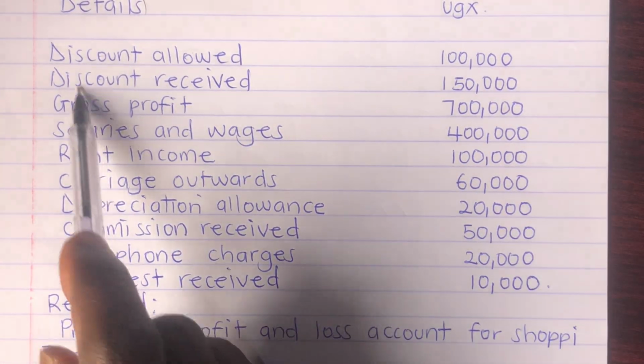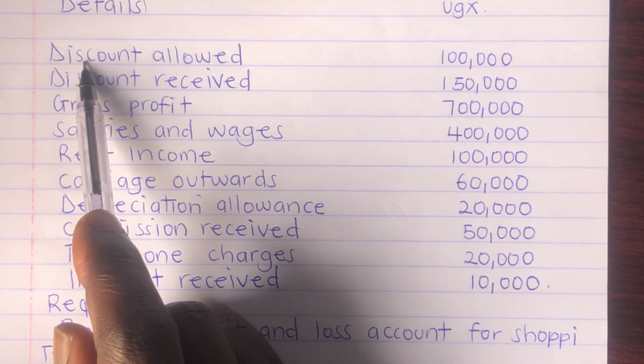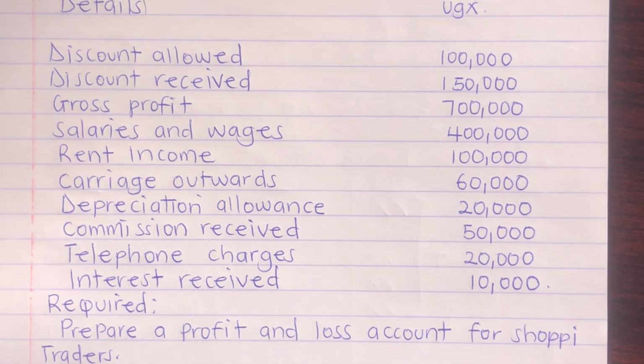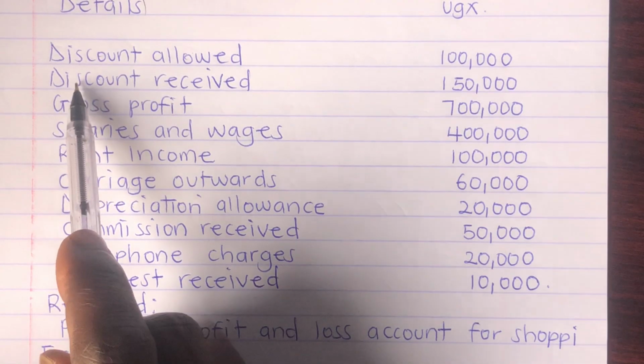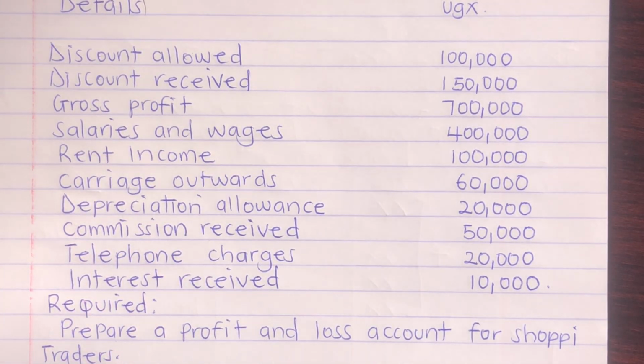Let's say he has bought a commodity of, let's say, 5K, and then the owners of the business say, we are going to sell it to you at 4,500, meaning the business is losing the 500. Then if you say discount received, it is the business receiving the discount.